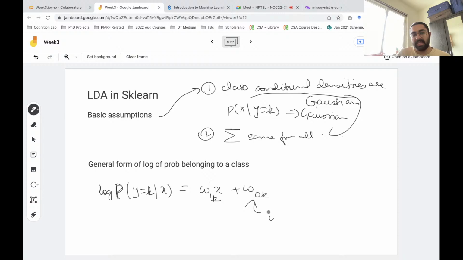This is in some sense the intercept in the high dimensional space, and this is the coefficient, or basically the linear term. Hence you can see that this becomes a linear function of x, and hence you get the term linear discriminant analysis, right?